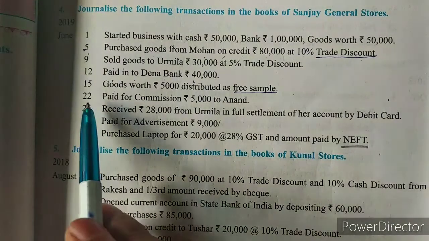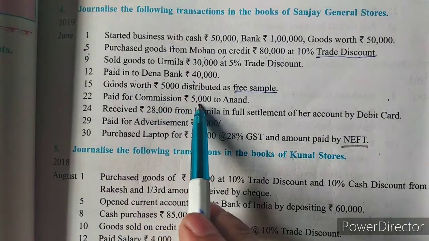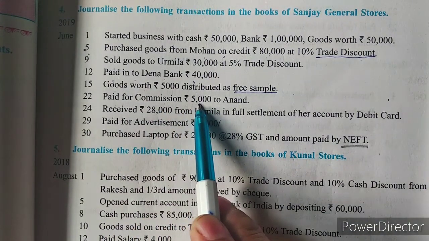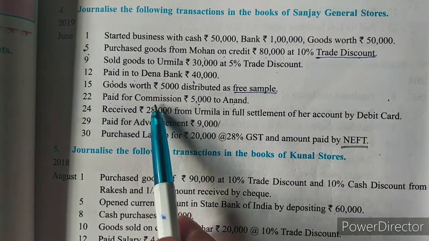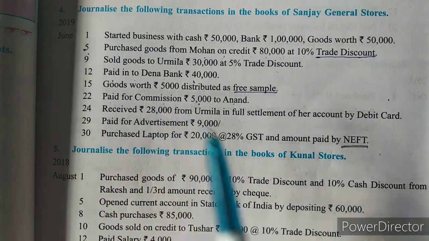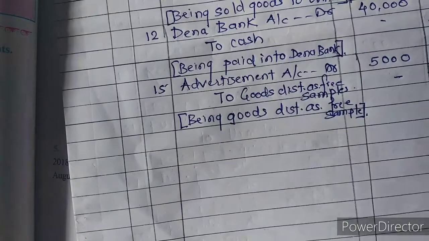Now see, on 22nd, paid for commission rupees 5,000 to Anand. Now paid means cash goes out, and for commission it is given. So your commission is an expense.